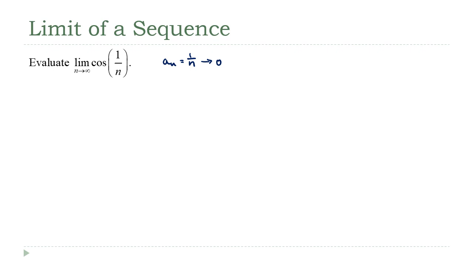So all the requirements of the theorem have been met. So what the theorem tells us now is that this limit is the same as the cosine of the limit as n goes to infinity of 1 over n. We know what that limit is. It's 0. So this limit is the cosine of 0, which is 1.